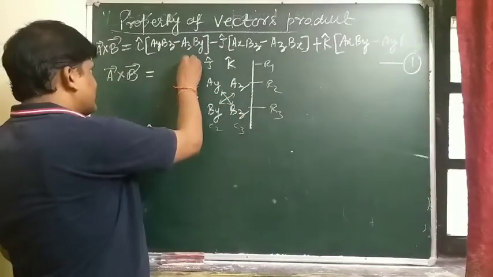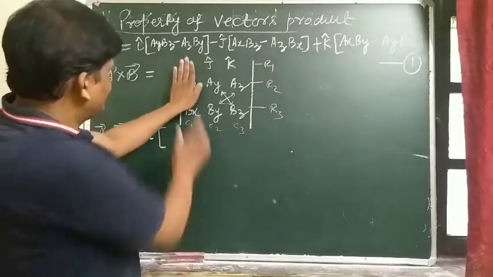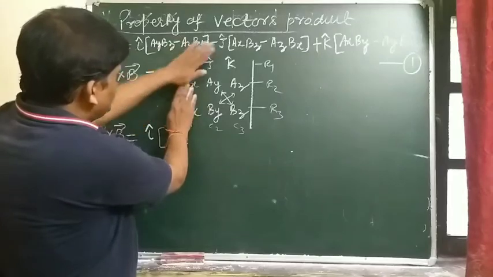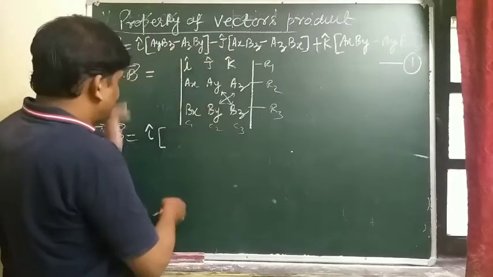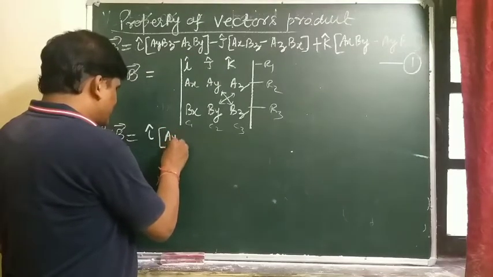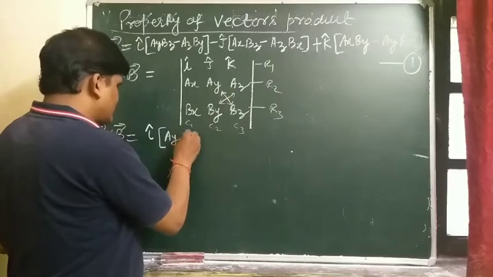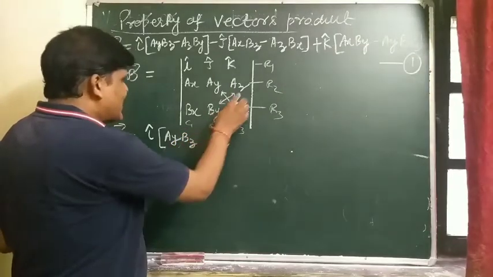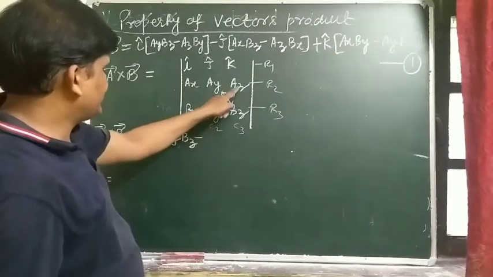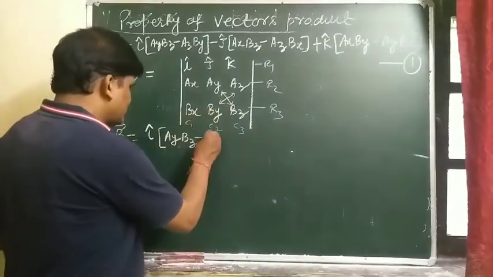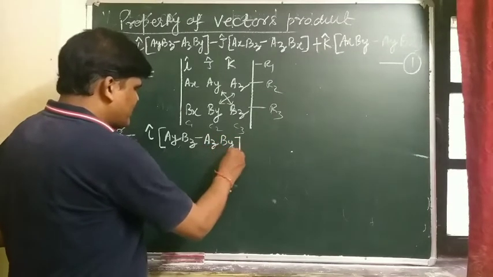If we take I outside, we have to hide the first column and first row, and we write AY into BZ minus AZ into BY.